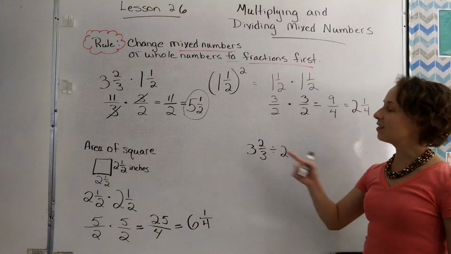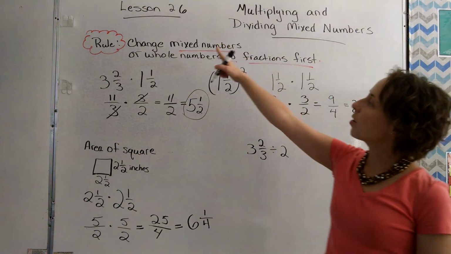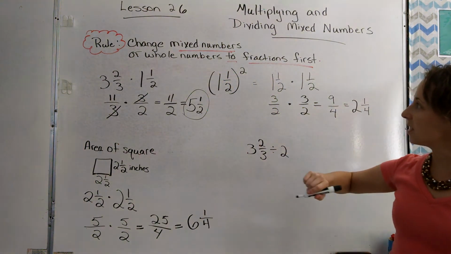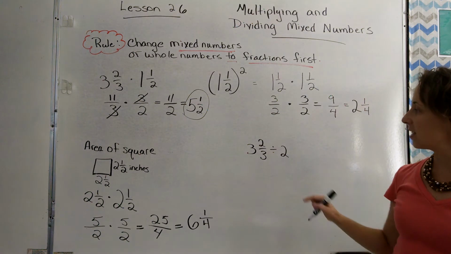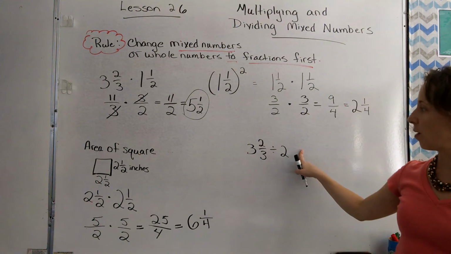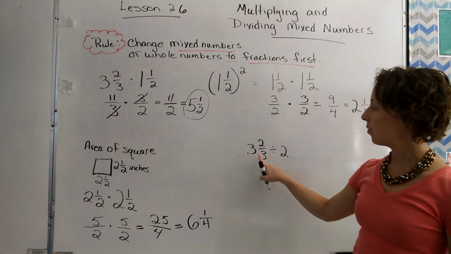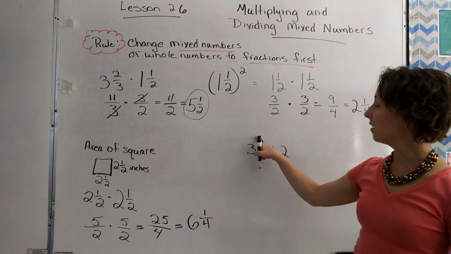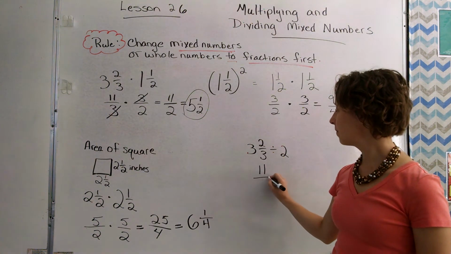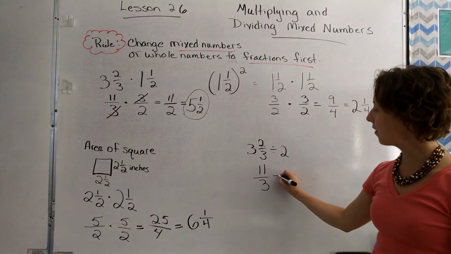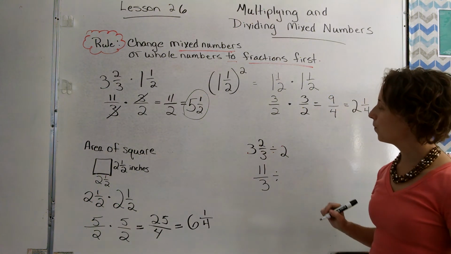All right, last time, and now we have a division problem. Start by practicing your rule. Change mixed numbers and whole numbers into fractions. I've got both a mixed number and a whole number. Let's change this to an improper fraction. 3 times 3 is 9, plus 2 is 11, divided by 2.